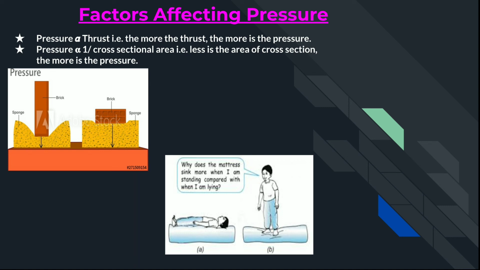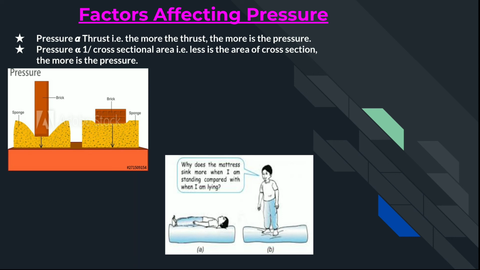Pressure is directly proportional to thrust: the more the thrust, the more the pressure. And pressure is inversely proportional to the cross-sectional area. If the cross-sectional area is less, the pressure will be more. If the cross-sectional area is more, the pressure will be less.